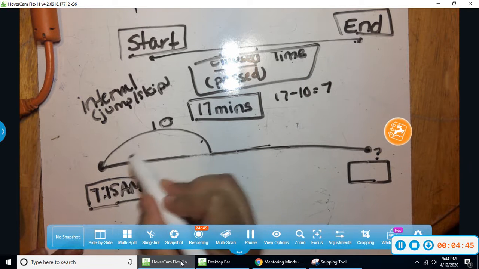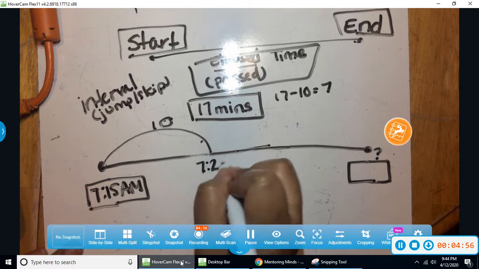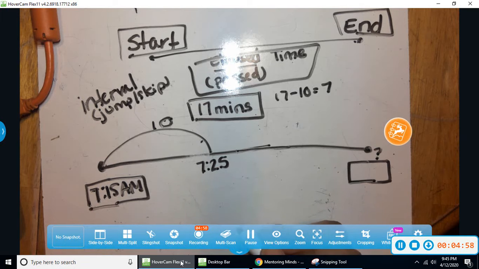And because I'm taking away a 10 and I'm adding a 10, 7:15 plus a 10 would make 7:25, because all I'm doing is adding one more 10. So I thought that would be easier actually.